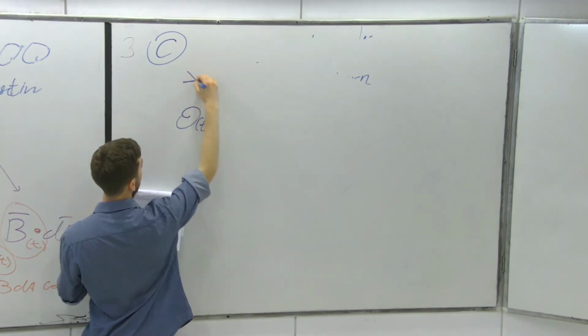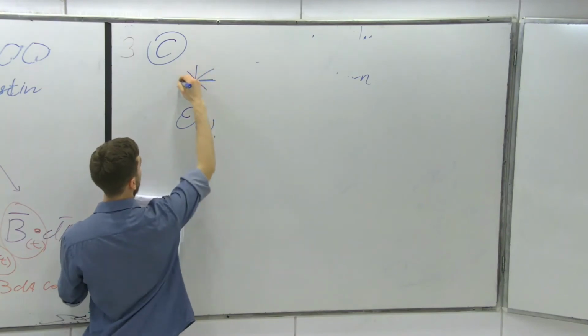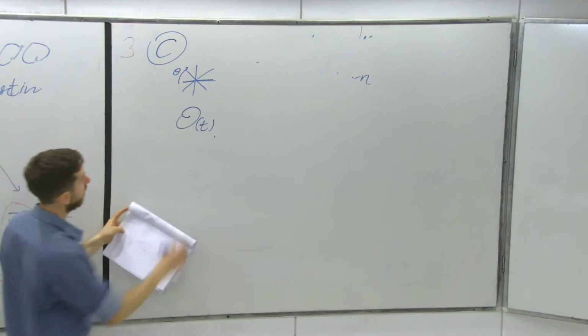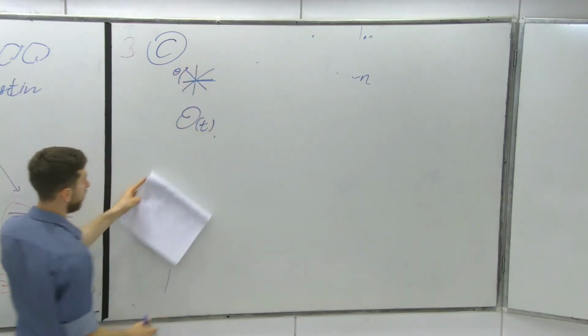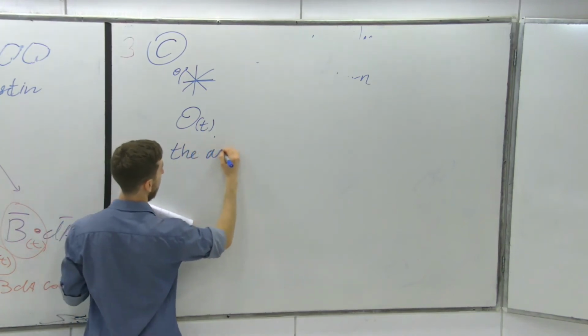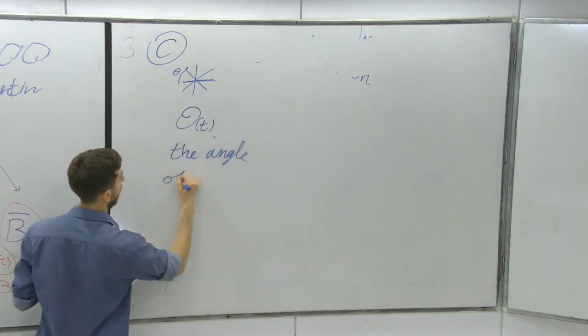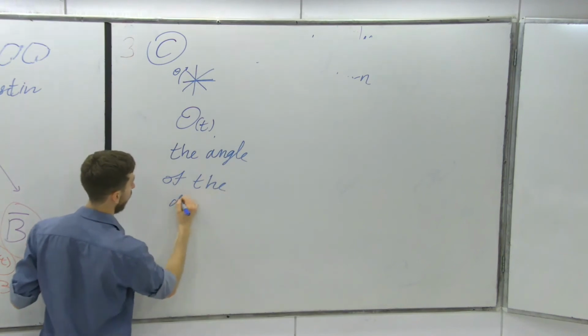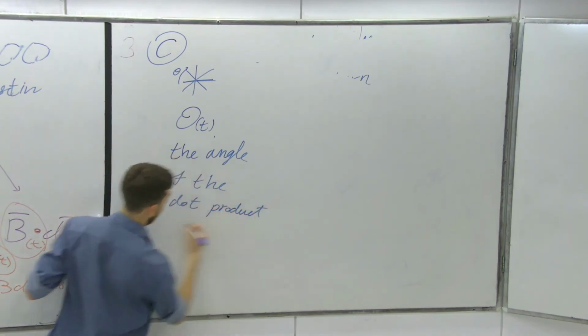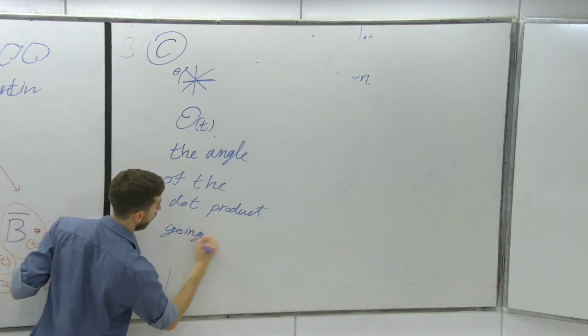It's going to start here, then go there, then go there. There is a changing theta of the frame, this position, and this position. So the angle of the dot product is going to change.